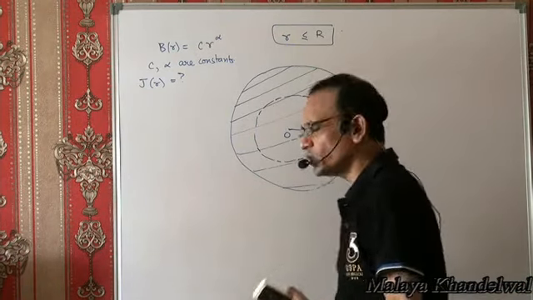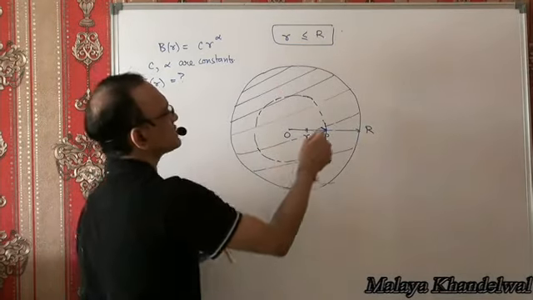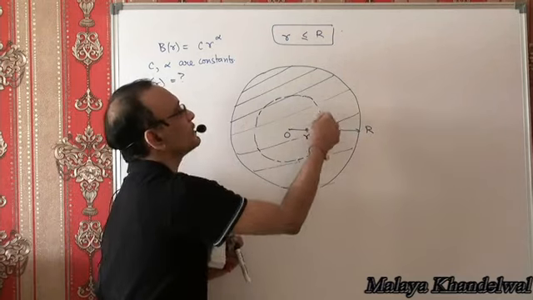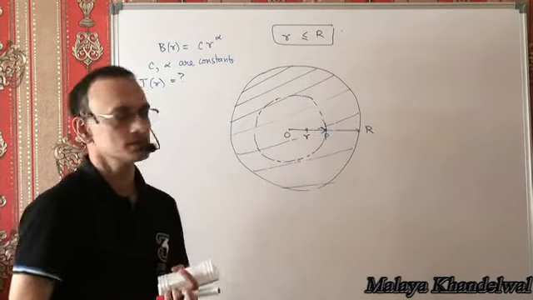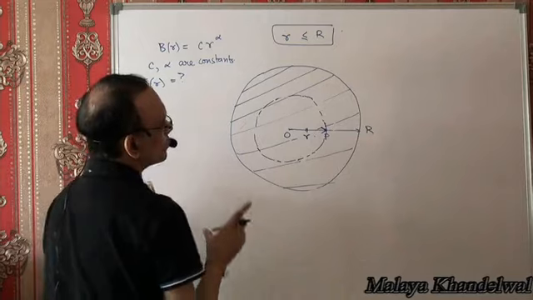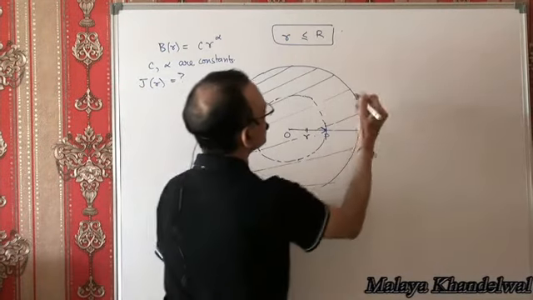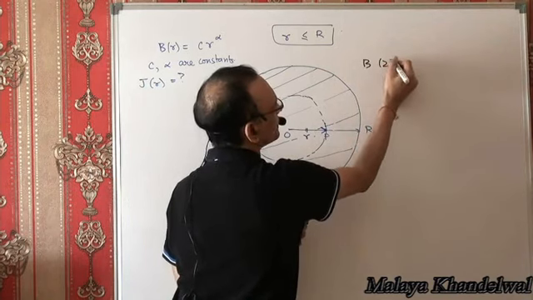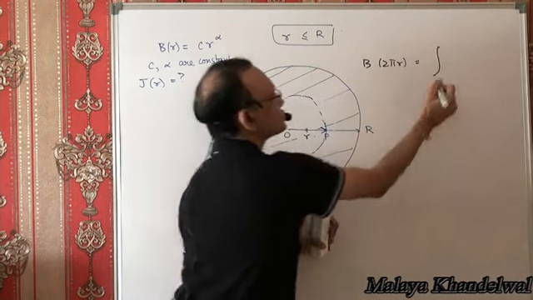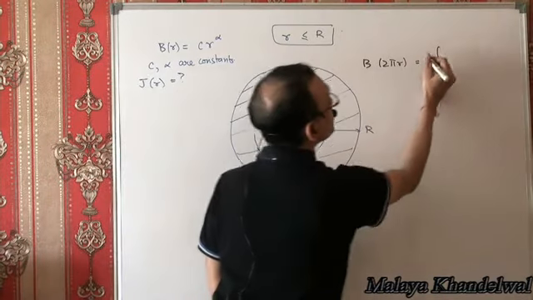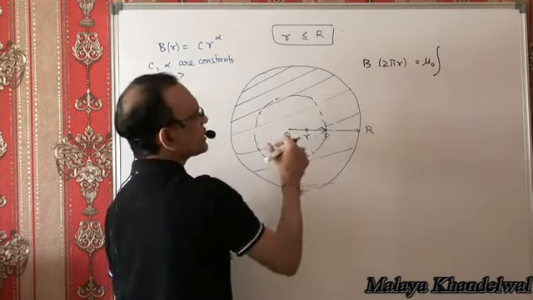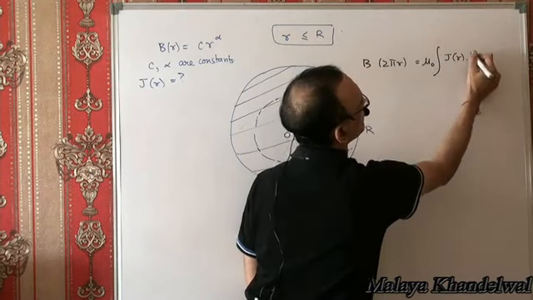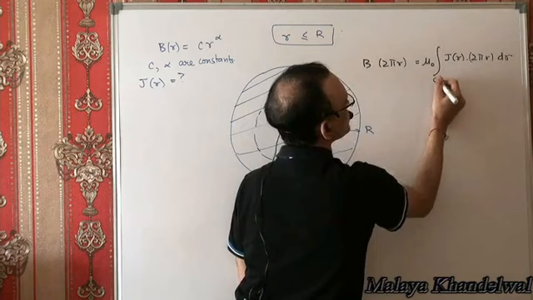Good. All that we need to do is select an Amperian loop of radius small r centered at O and apply Ampere's circuital law to this, right? So evidently, if I take the line integral of B, then B into 2 pi r must be equal to mu naught times the total current enclosed, which is the integral of J at r into 2 pi r dr, where r runs from 0 to small r.